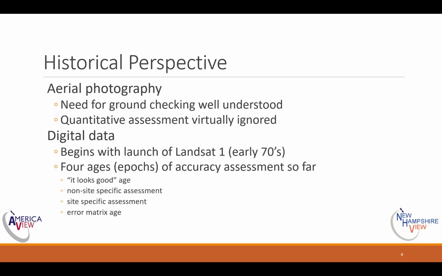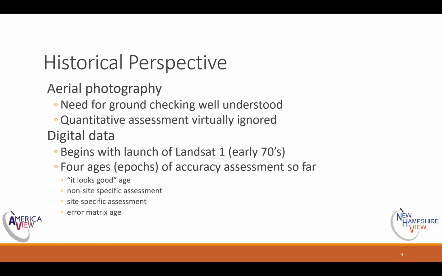And that's not always the case. Sometimes you can do that, and sometimes you have no choice. But it was really unfortunate, because the poor Landsat satellite back then got blamed for inaccuracies that were really a function of some poor reference data generated from aerial photography.